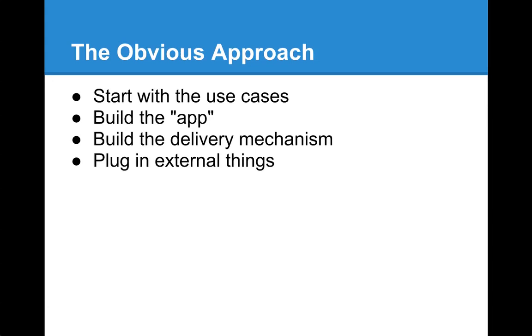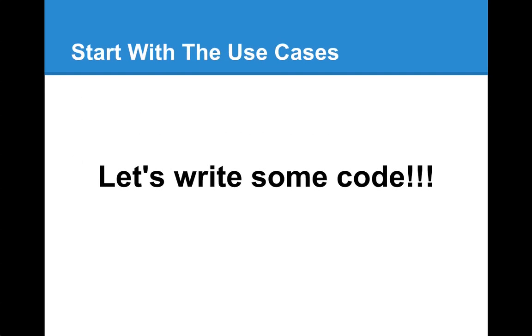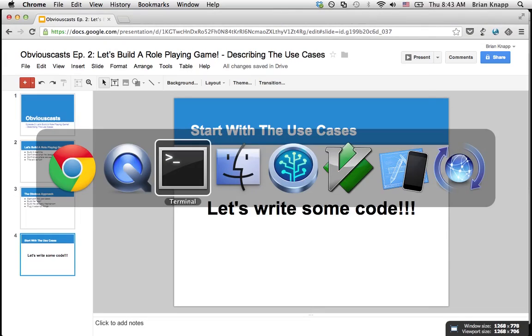Once you have that working, you want to move on to the delivery mechanism, and once you have the delivery mechanism working in, say, the file system, you start plugging in your external things like databases and queues and email, all those things. But right now we're going to start by starting with the use cases, and let's write some code. So let's swap over to our terminal here.